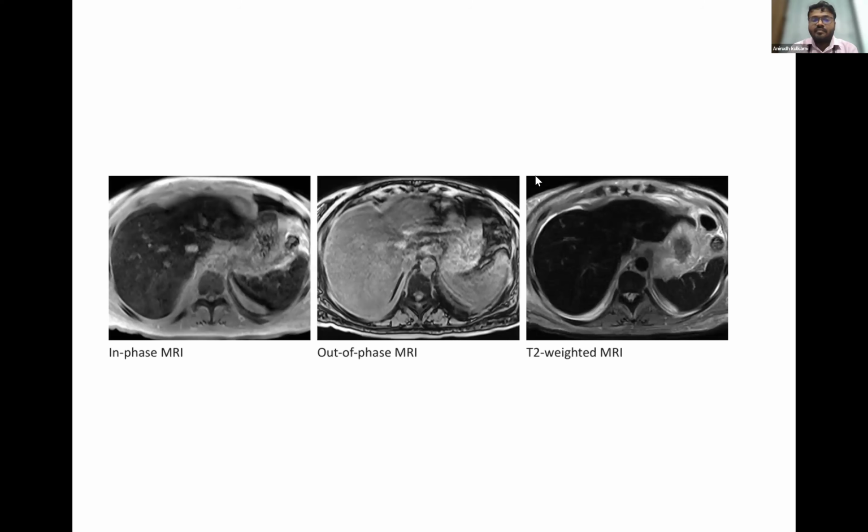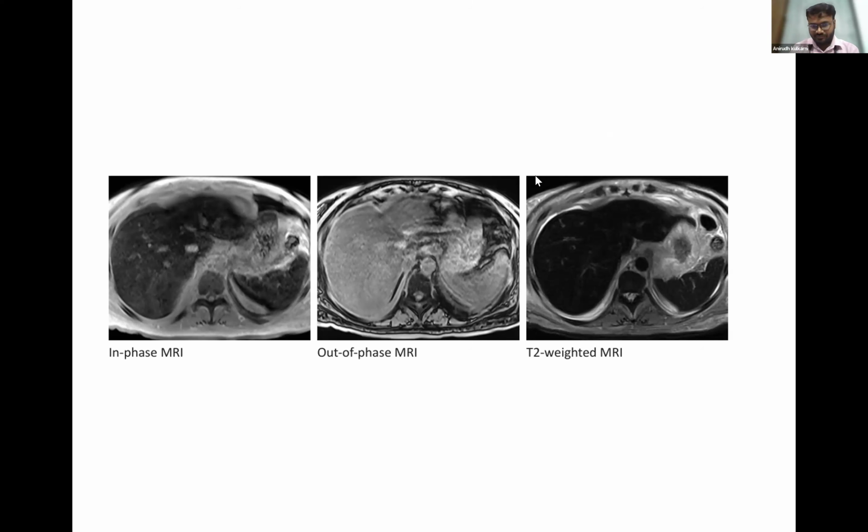But in secondary hemochromatosis, we can see the spleen is also dark. Secondary hemochromatosis occurs due to excessive blood transfusion or defective erythrocytes, so the iron gets deposited in the Kupffer cells, that is, in the reticuloendothelial system.